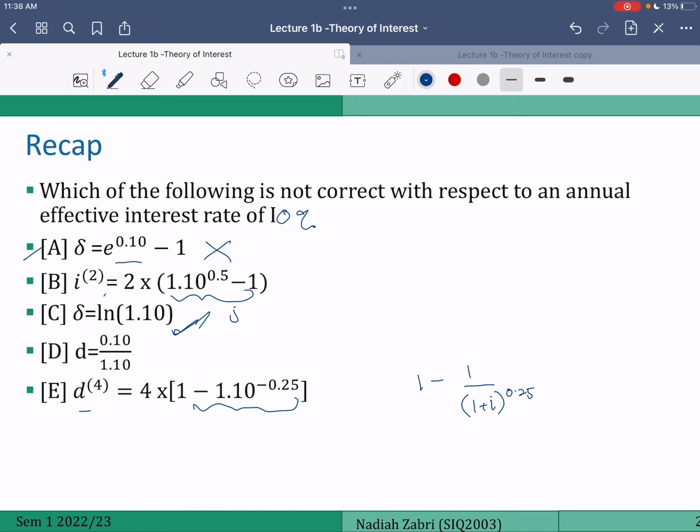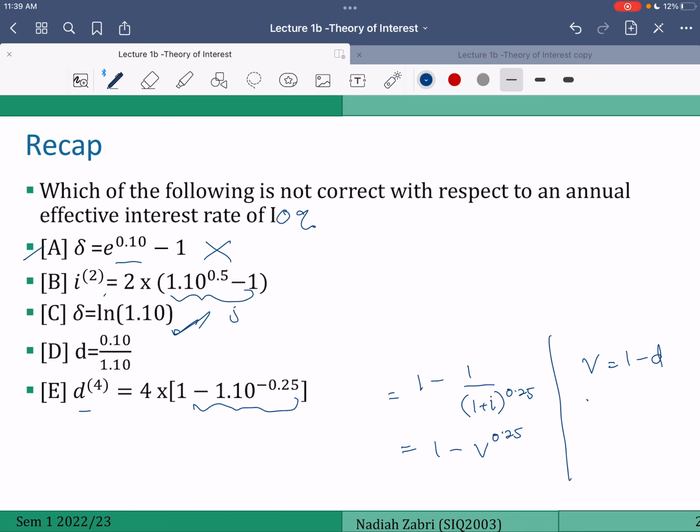Or you can write it another way: it is 1 minus v to the power of 0.25. So what is 1 minus v to the power of 0.25? I hope you remember this relationship: v equals 1 minus d.